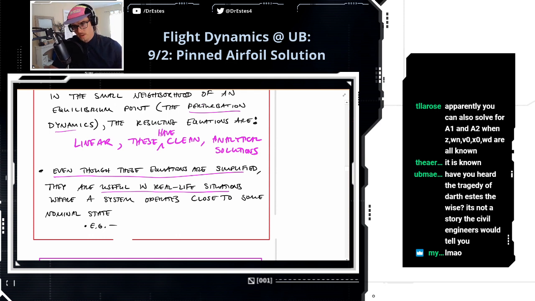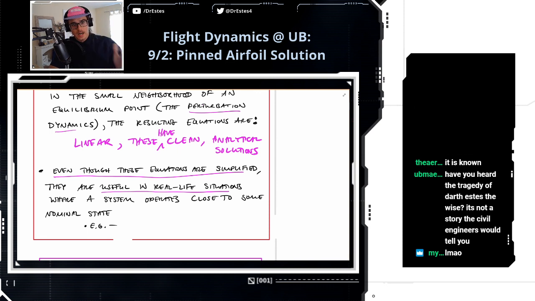So think about when you're on a commercial aircraft. You're mostly flying at a steady condition where it's like a constant velocity. It's not rolling all over the place and pitching. It's in equilibrium. And so the dynamics of that aircraft about that nominal flight condition, they're described really well with a linear system.